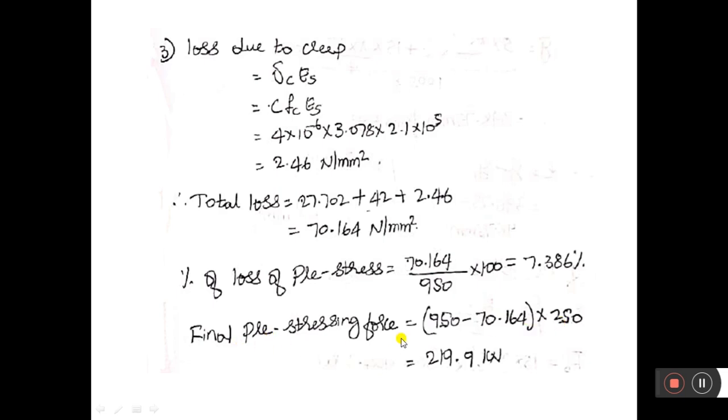So final prestressing force will be final stress available in the cable into cross section area of the cable. So final stress available in the cable is 950 minus 70, initial prestress minus losses of prestress. We will get final prestress into cross section area of the cable, which gives us final prestressing force of 219.9 kilonewton.